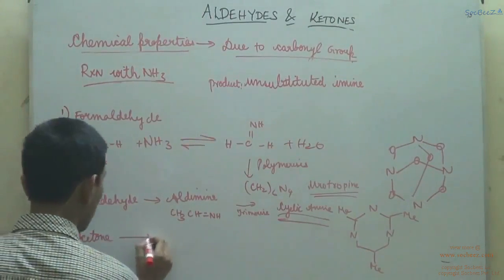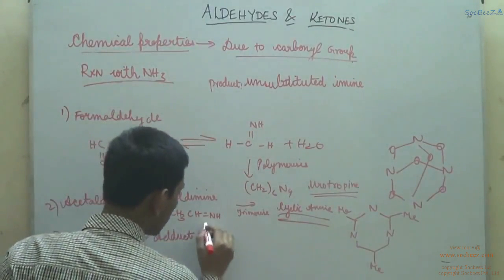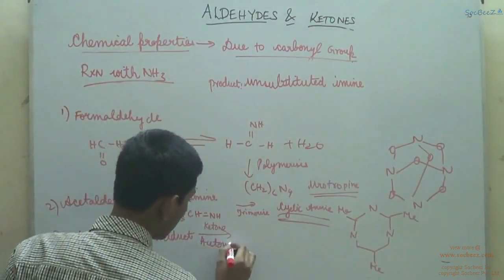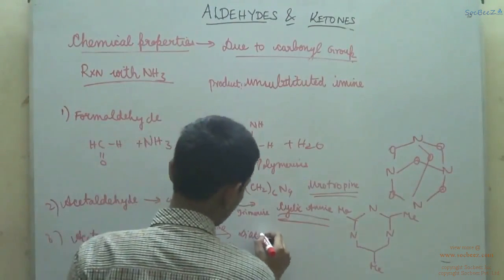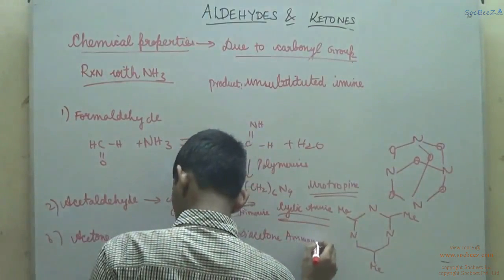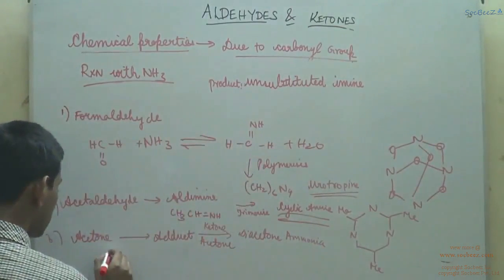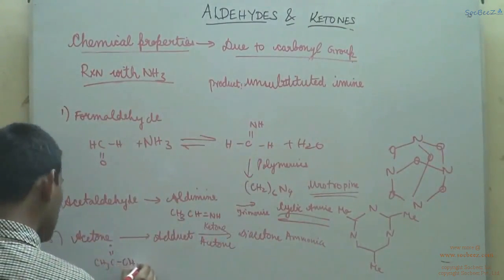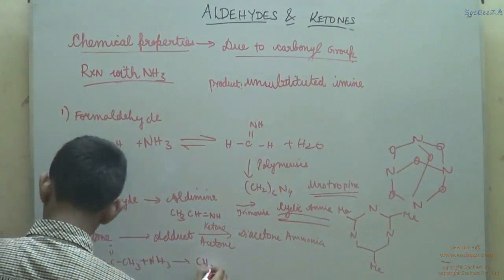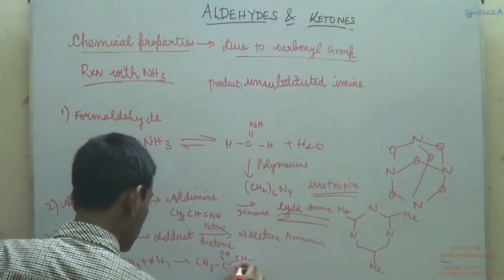Whereas if you have a ketone, let's take acetone. Acetone with ammonia will form an adduct, which is an addition product, and when this adduct is further treated with the ketone, that is acetone, you will get diacetone ammonia. What happens? CH3 C=O CH3 plus ammonia. Here it will form CH3C(OH)(NH2)CH3.